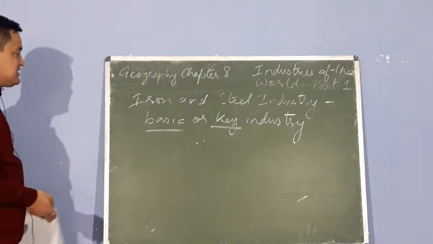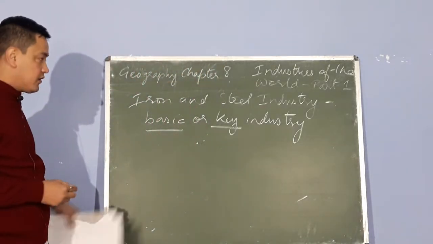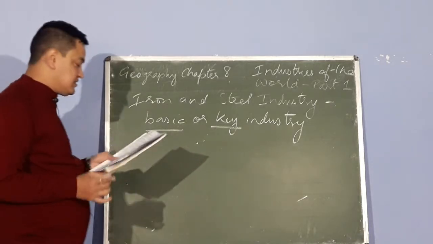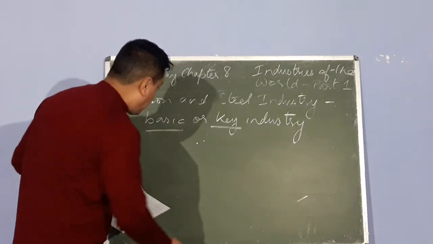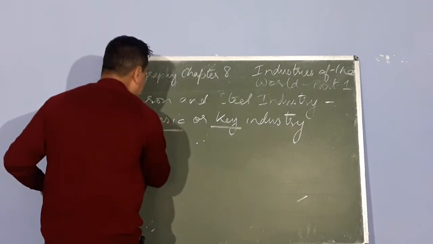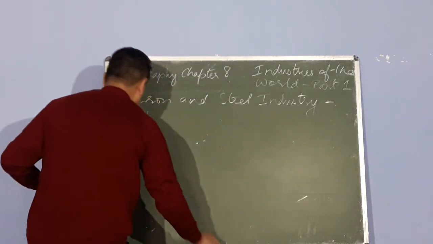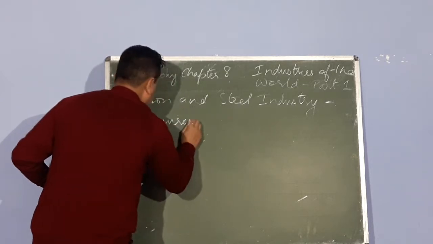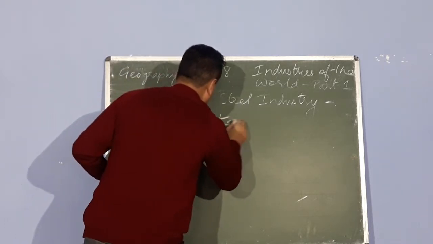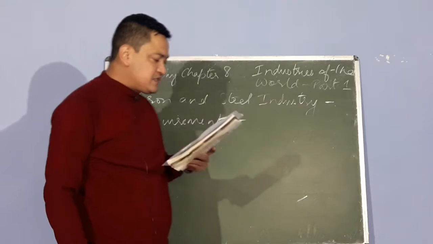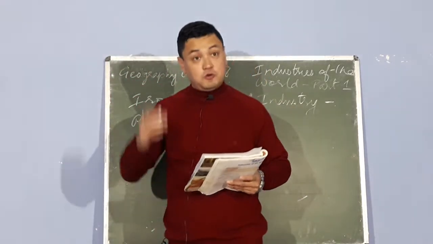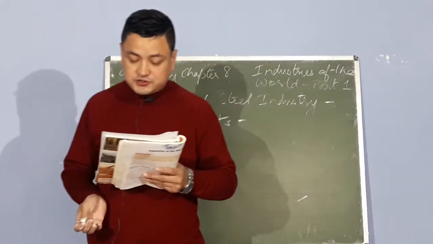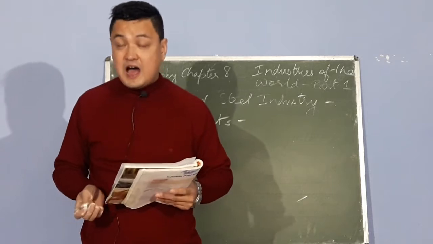So what is the factor needed or requirement of iron and steel industries? Now we are moving on to requirement of iron and steel industries. So whenever we are talking about requirements, the basic requirements in order to build iron and steel industries are raw material like iron ore.